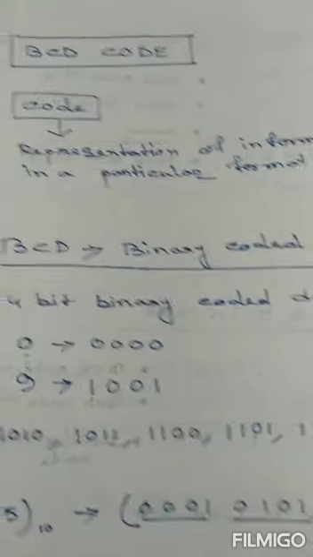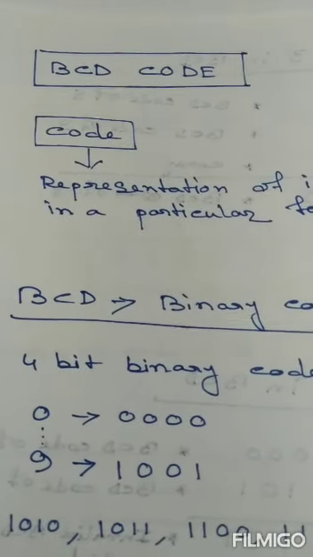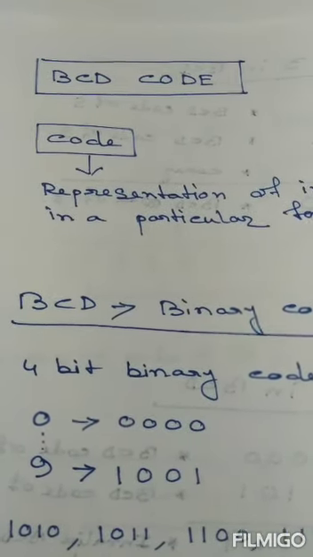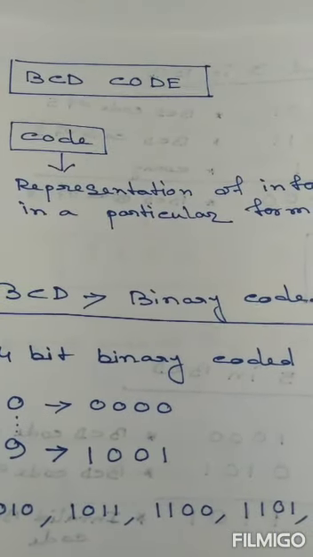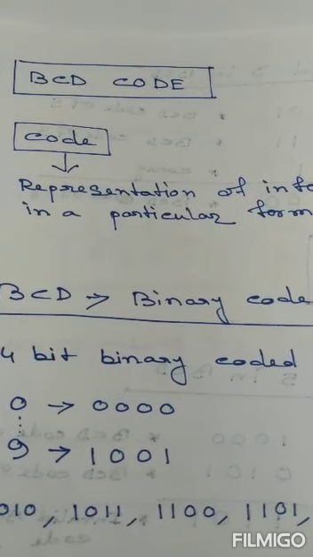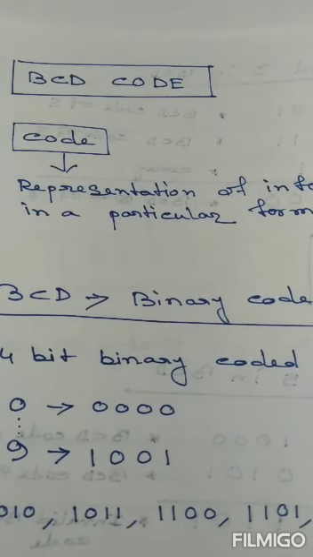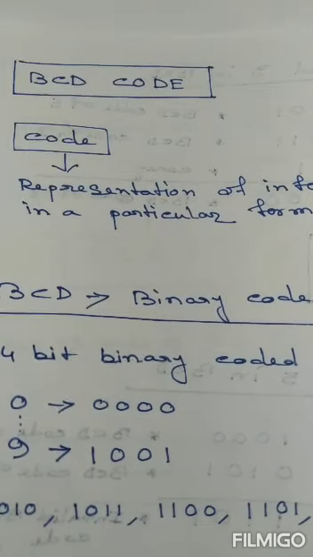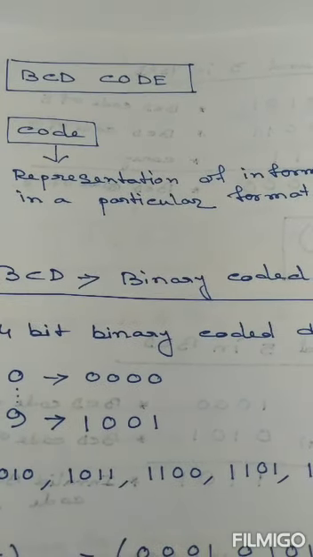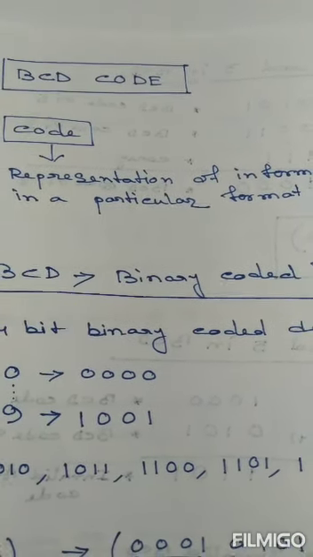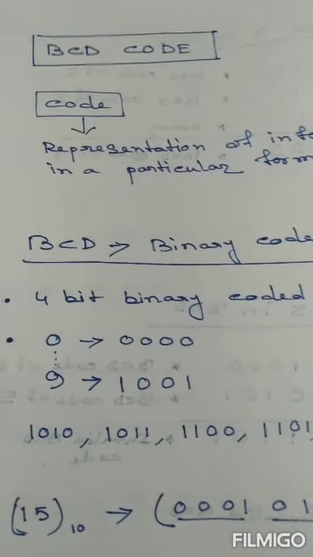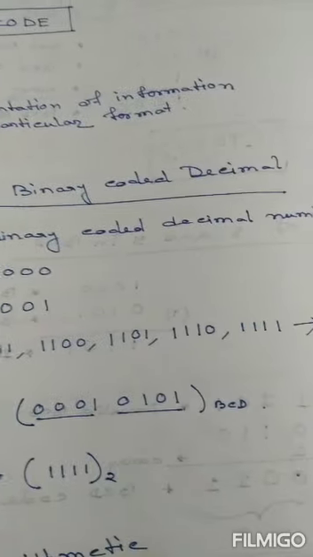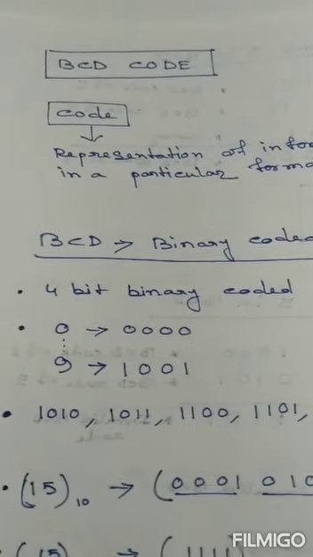efficiently. Basically, the commonly used binary codes are 6 types: weighted codes, self-complementary codes, unit distance code, alphanumerical code, cyclic code, and error detecting or correcting codes. So first we'll come to the BCD code, that is the binary coded decimal code.